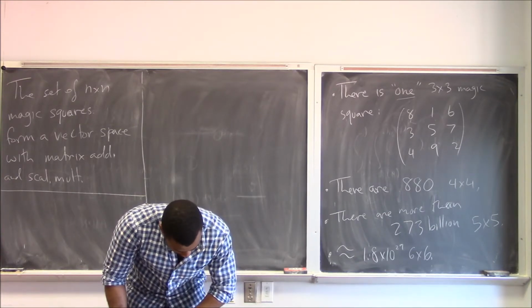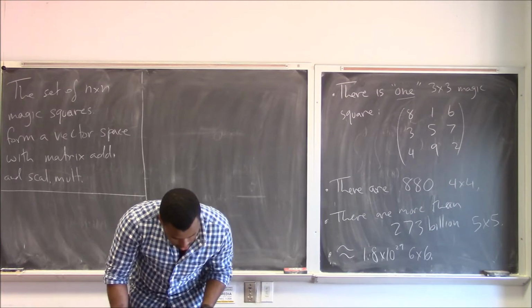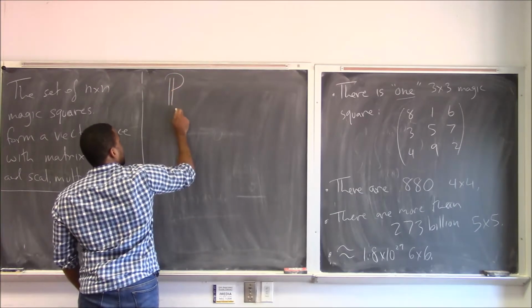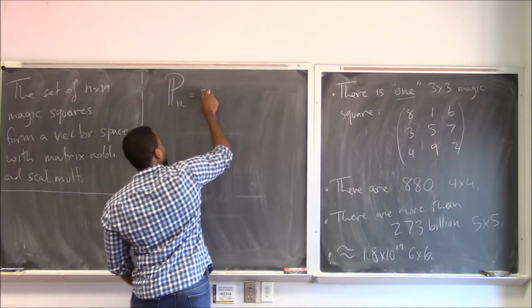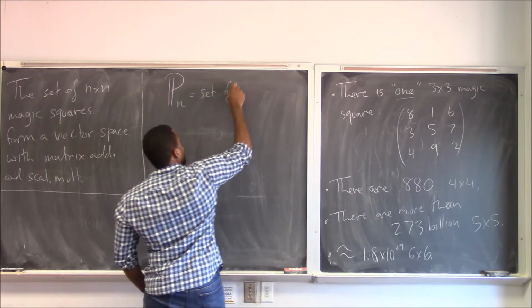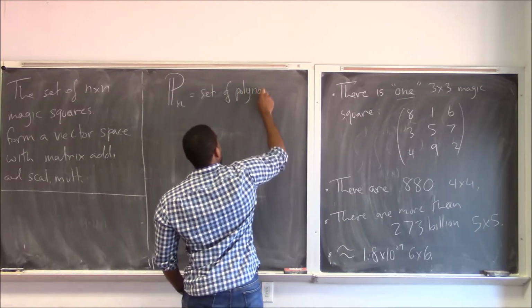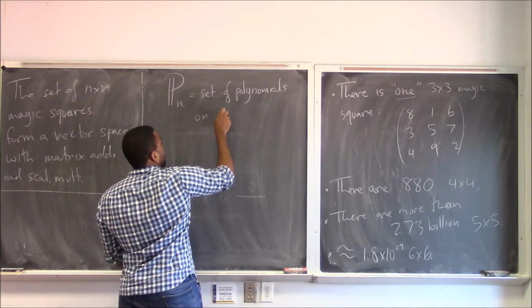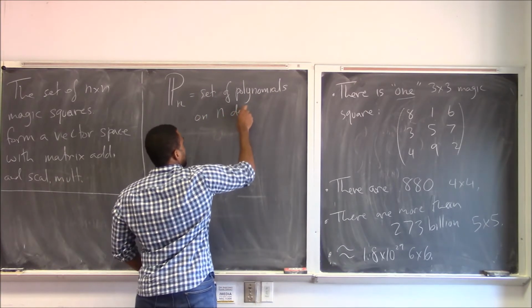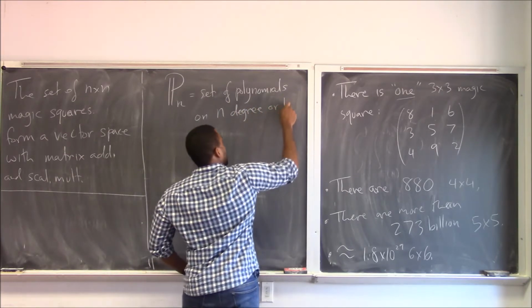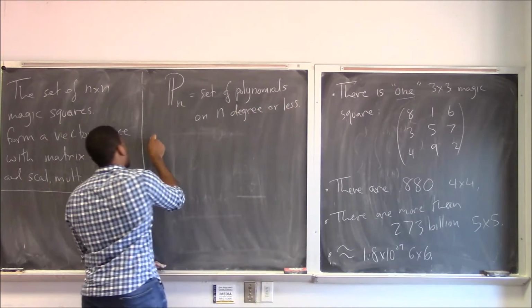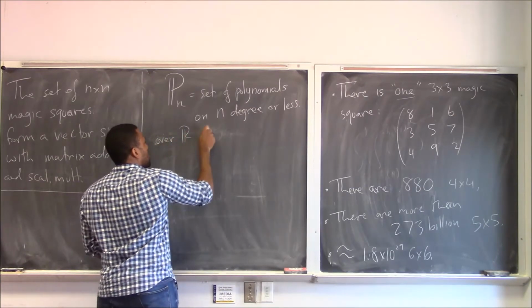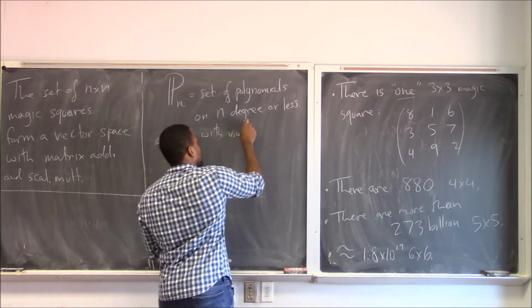Here are some more examples that we're actually going to be talking about soon. So let's look at, it actually has a name, Pn. This is the set of polynomials of degree n or less over R with the usual arithmetic.